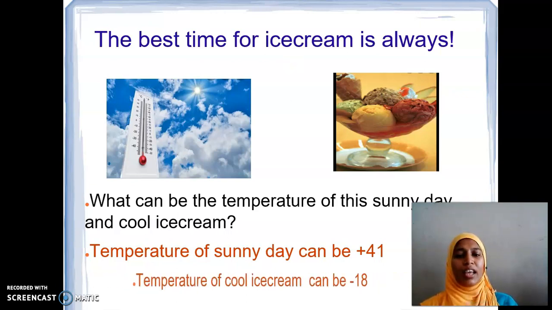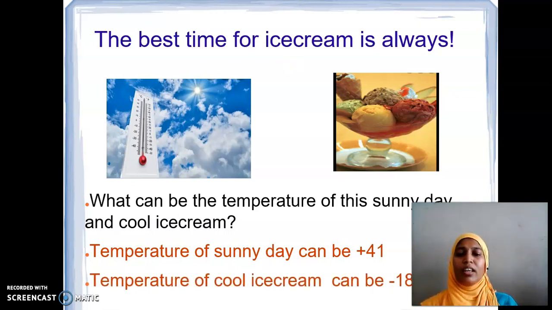So I can say, and you will also say, the temperature of cool ice cream can be minus 18 degree or minus 14 degree. And if it is very cold solid ice cubes, it will be minus 1 degree or minus 32 degree, minus 45 degree.